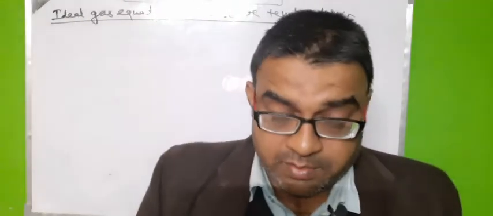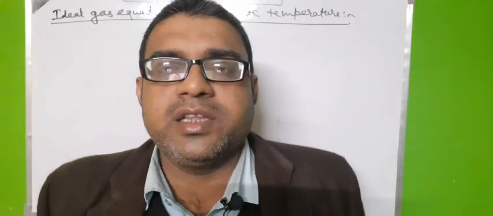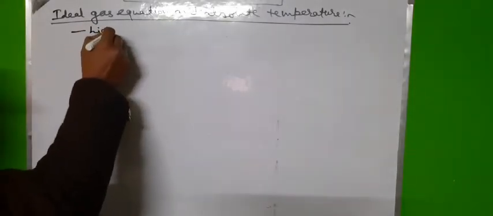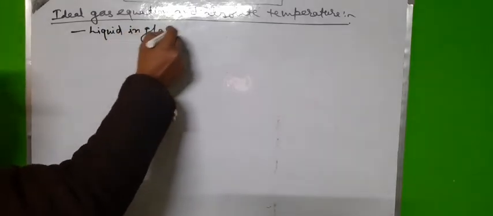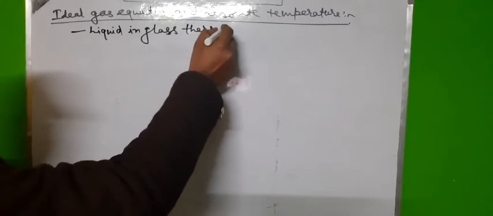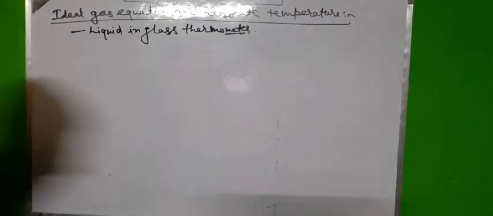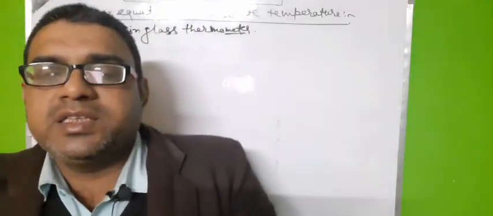I want to discuss here that suppose there is a thermometer that is called a liquid in glass thermometer. Liquid in glass thermometer means that liquid is placed inside the glass.